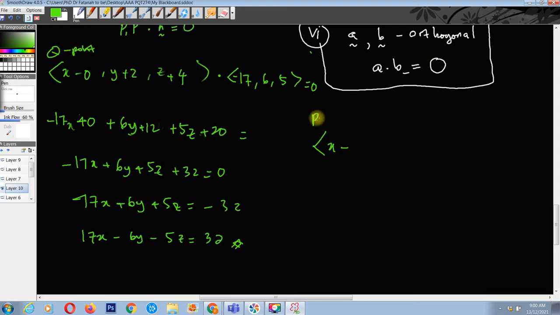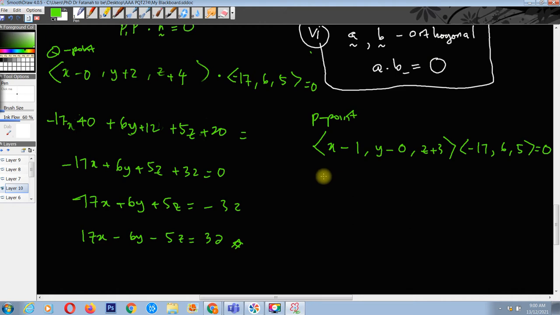If we take the P point, so we have x minus 1, and then y minus 0, and then z plus 3. I missed negative 17 here. I put positive, so that's why we cannot get the answer. So it is 5, equals to 0.